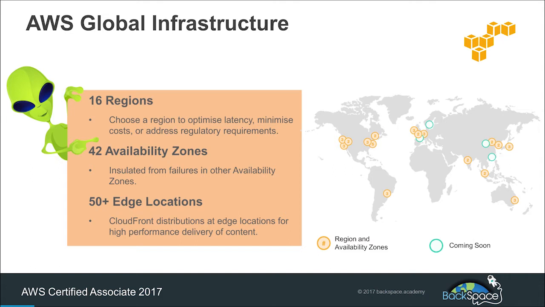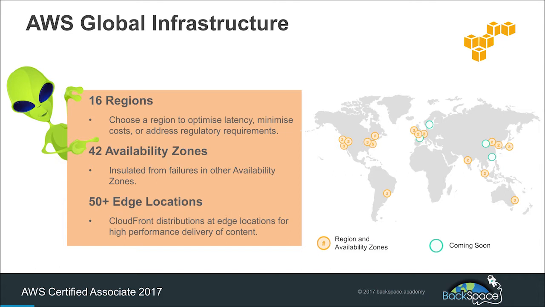We also have 50 or well over 50 edge locations, and they are for the CloudFront service. Now, what CloudFront is, it's a caching service for Amazon Web Services, and it gets your regularly used content in a CloudFront distribution, and it locates it specifically at these edge locations.